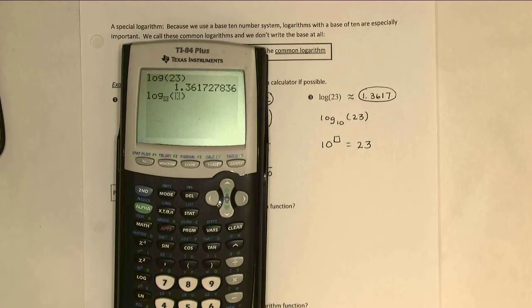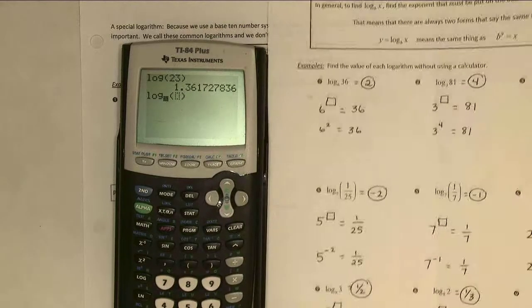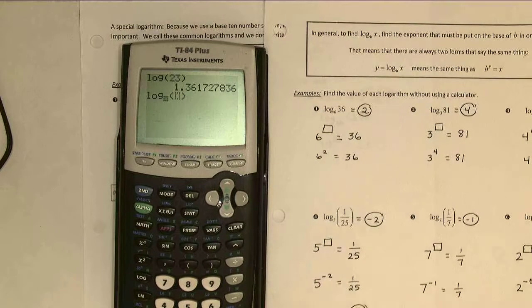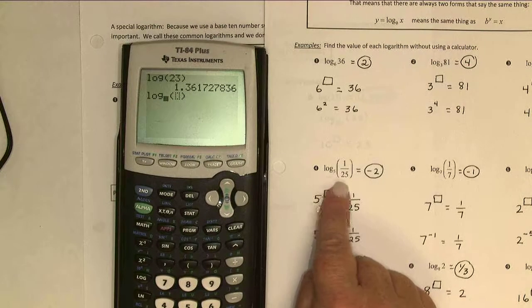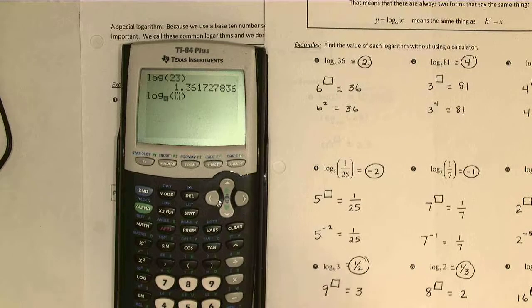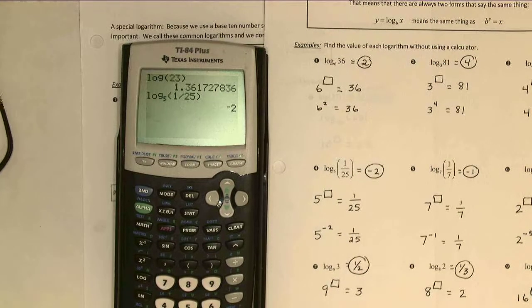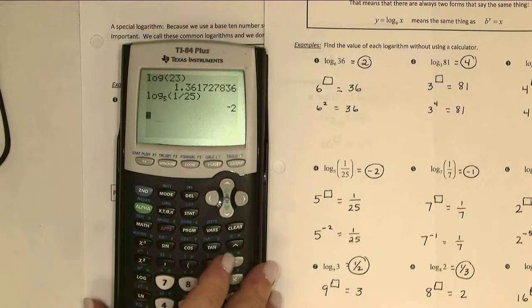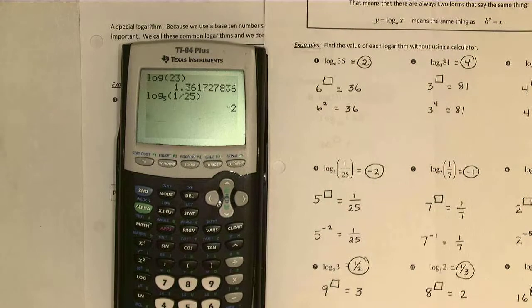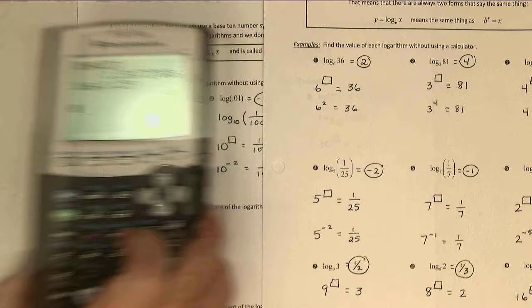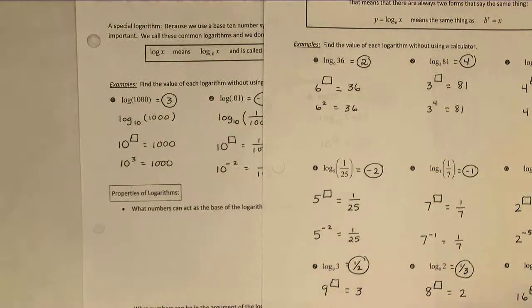And at that point, if I wanted to go back and check one of these other problems, like for example, back here, we had this one, the log base 5 of 1/25. Notice it does give me the answer of -2. So it's in there if you get stuck. But again, I can't emphasize enough that in order to get comfortable with logarithms, you've got to do them. And so don't get in the habit of turning to your calculator right away. Try doing these by hand as much as possible so that you get used to them.